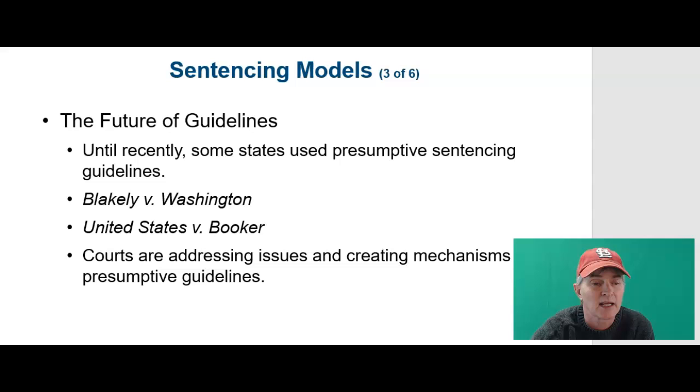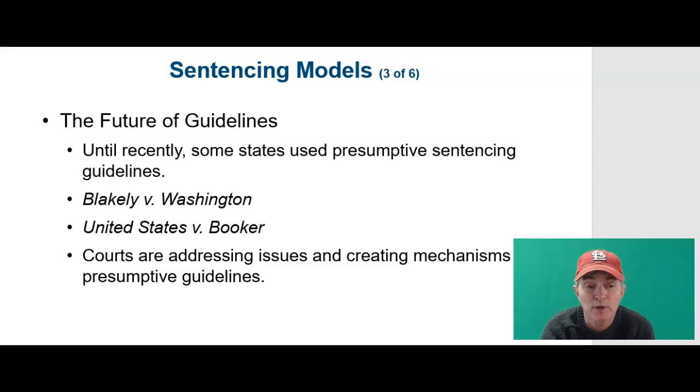And we also need to take into consideration United States versus Booker. Here, the court ruled that federal guidelines were unconstitutional. Judges should consider the guideline ranges, but must also be permitted to alter sentences in consideration of other facts. This is the Supreme Court bringing discretion back to the judges.